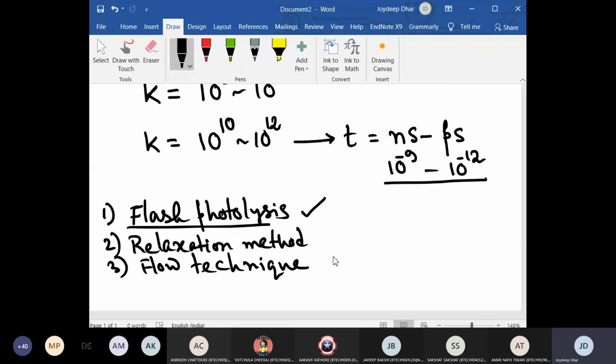And for the relaxation method, there is a rate equation formation in that PDF also, but I suggest there is no need, it is not required, because only flash photolysis is given, and the question most probably will be asked from flash photolysis. So relaxation method, flow techniques, and several other techniques are there. At least you can read what will be the order of time required to complete the reaction or the rate constant for these techniques. You can measure the kinetics.